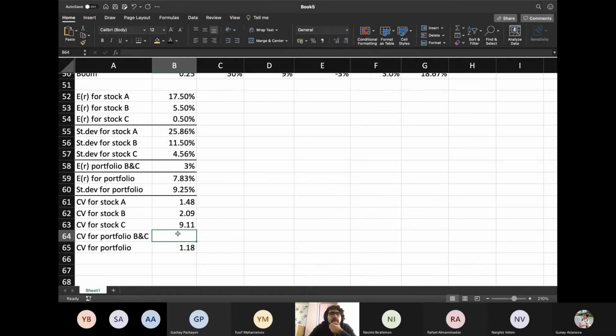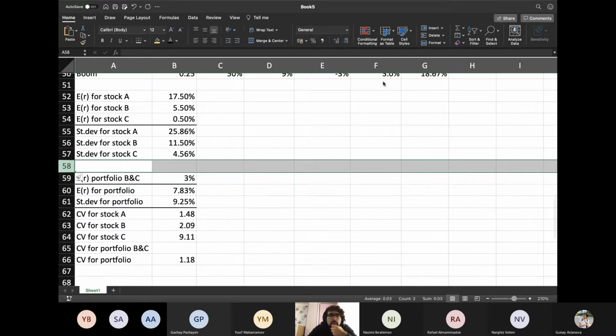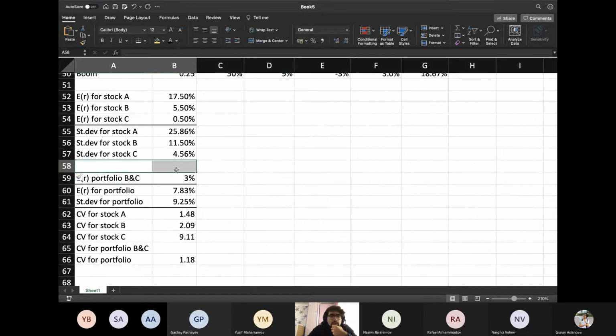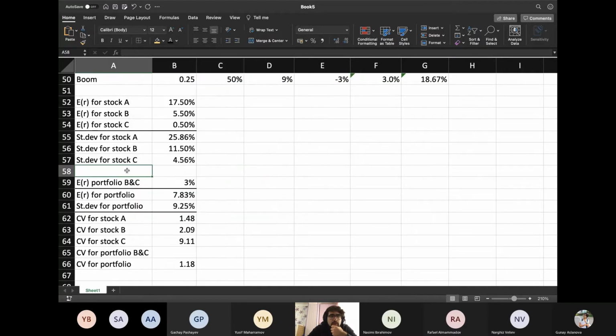And for this one, we should calculate the expected return and standard deviation for the portfolio, and for portfolio B and C.